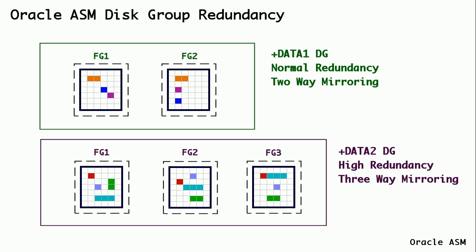There are 4 ASM files stored in this disk group, and each file is represented with a different color. Each ASM extent in failure group 1 has 2 mirror copies stored in failure group 2 and failure group 3.